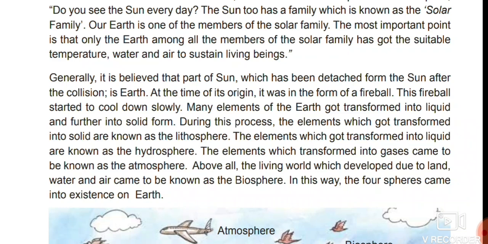The third layer was of the elements that changed into gases, which, remembered or not, is our atmosphere, yes. And the layer in which living beings exist is the biosphere. I hope you all will remember all the four spheres of the Earth.